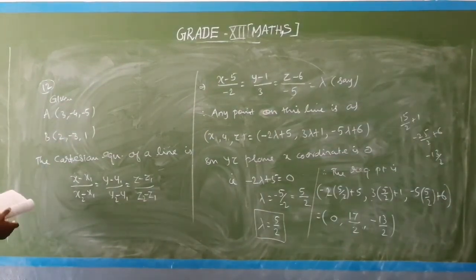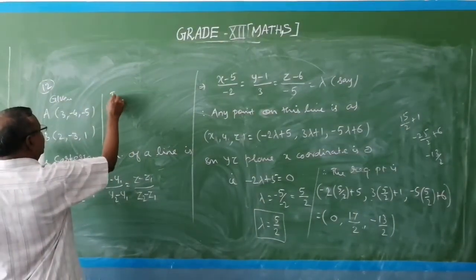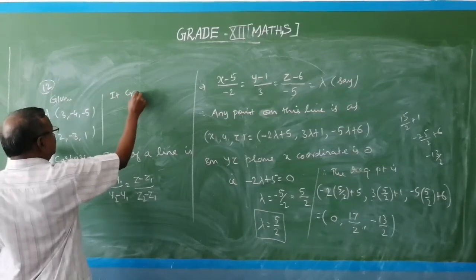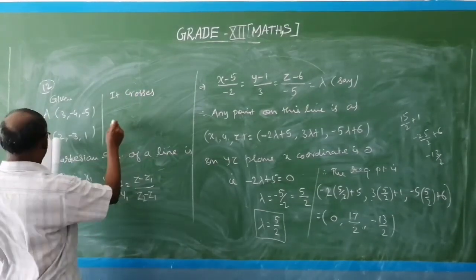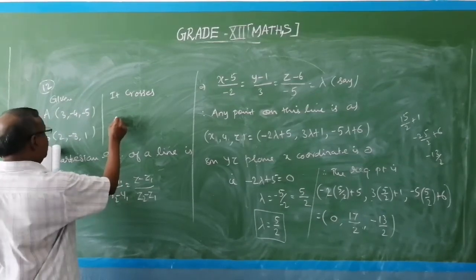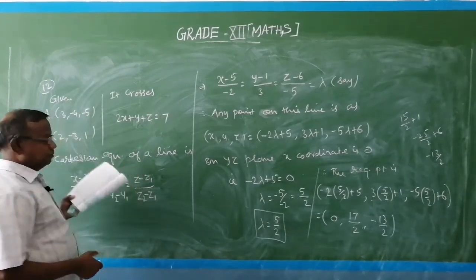They have not given any direct xy plane like that, so they have given the equation of a plane that the line crosses, whose equation is 2x plus y plus z equal to 7.